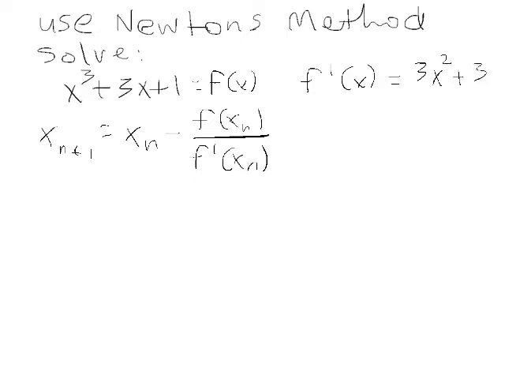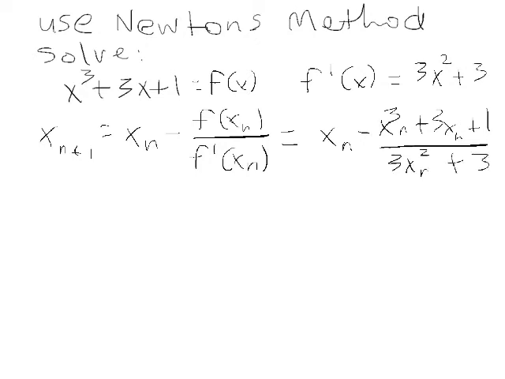And kind of like linearization, this is where we just look at a formula, and we're not going to deviate too much from our formula. And so basically for this particular problem, what this is going to boil down to is xn minus xn cubed plus 3xn plus 1 over 3xn squared plus 3.